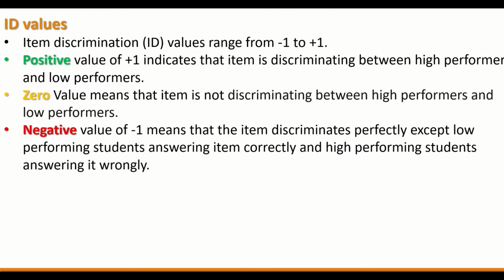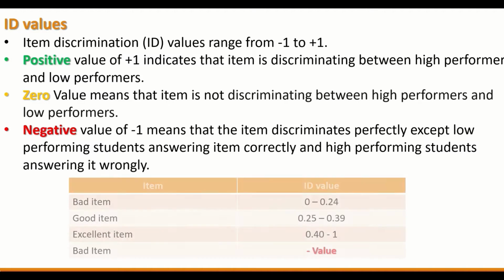On the other hand, a negative value of -1 means that the item discriminates perfectly, except that low performing students answer the item correctly and high performing students answer it wrongly.